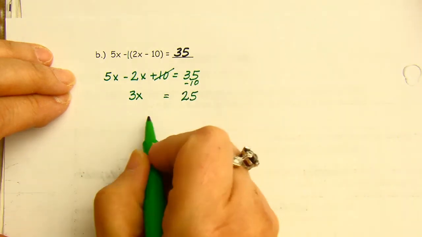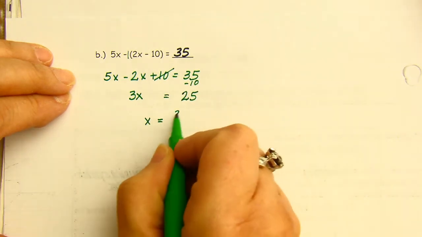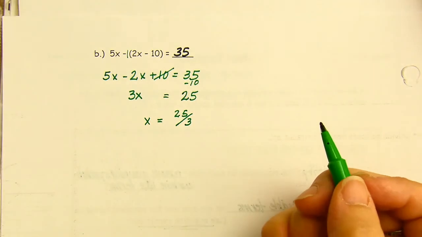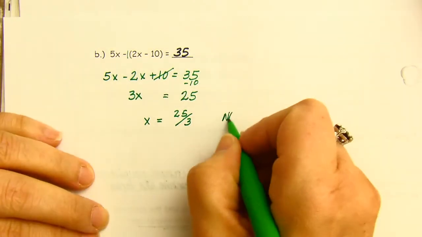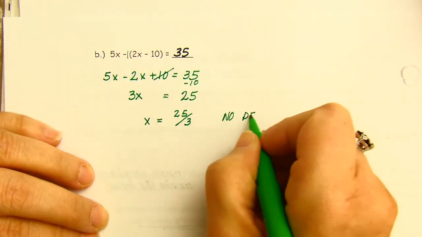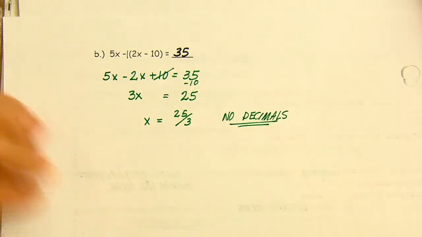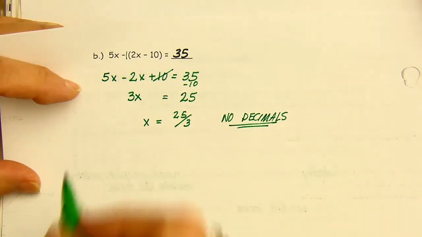Divide by 3. x is 25 divided by 3. Folks, I'm not interested in decimals. No decimals. I want the exact answers. Okay? I'm going to set up my check.